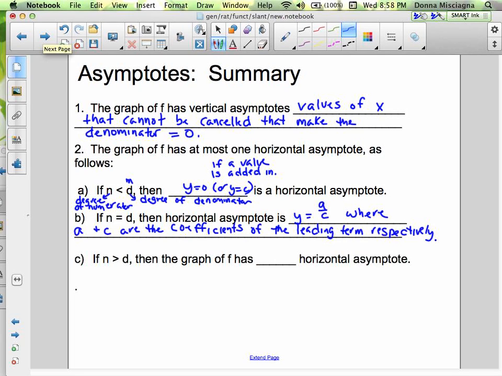Right? And what happens if the numerator has the larger degree? Well, then the graph is not going to have any horizontal asymptote. So if n is greater than d, then the graph of f has no horizontal asymptote. It has a slant asymptote instead.